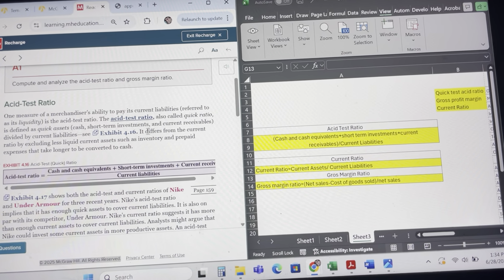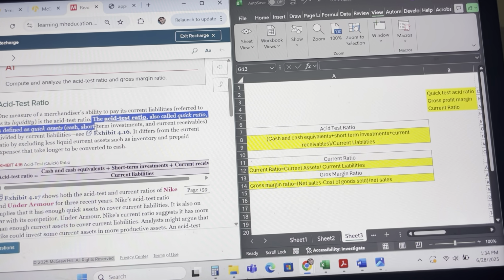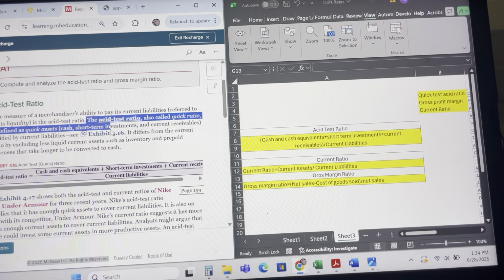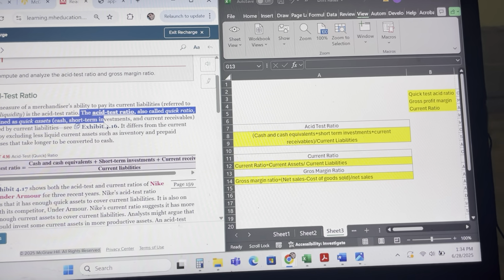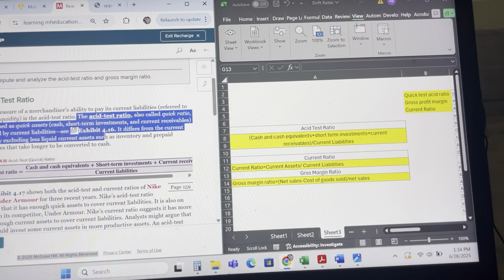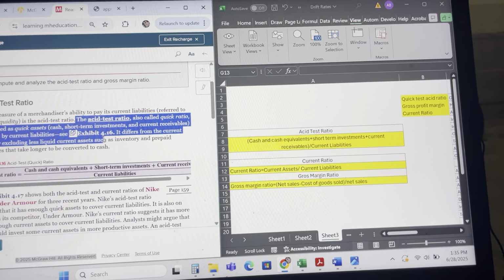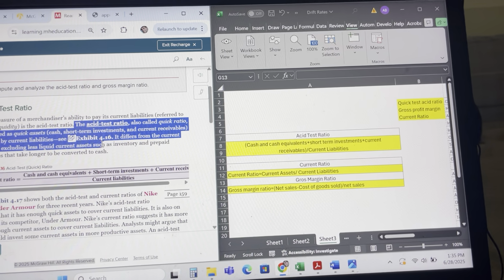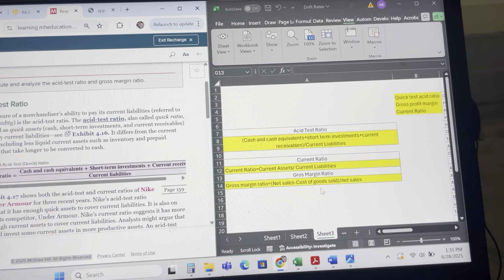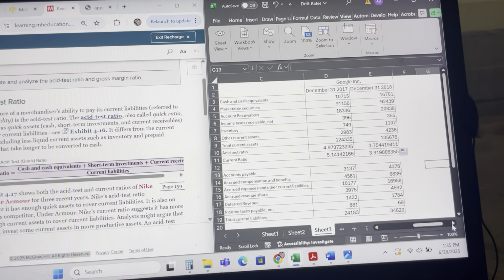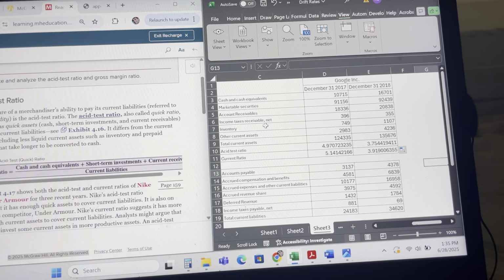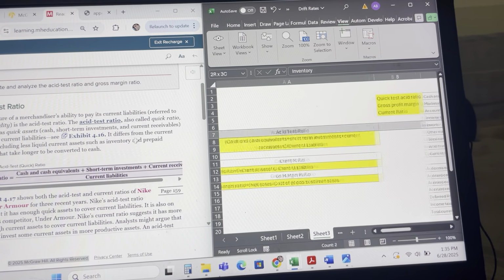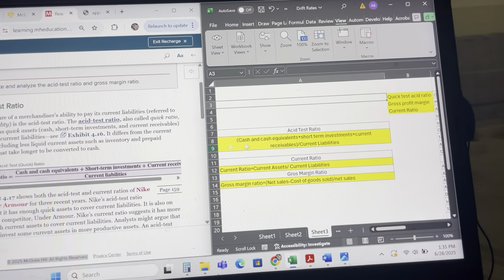The acid test ratio, also called quick ratio, differs from the current ratio by excluding less liquid current assets such as inventory and prepaid expenses that take longer to be converted to cash. So as you can see here, we didn't add up inventory or other current assets because they take longer to be converted into cash.